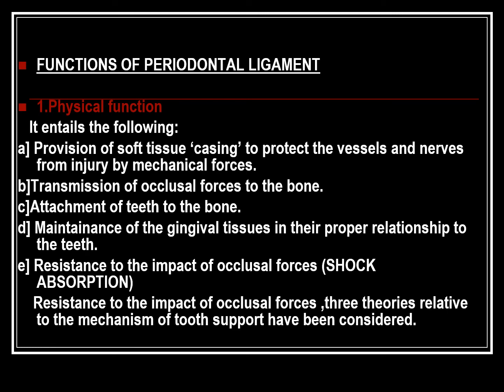The functions of periodontal ligament are the physical function. Physical function entails the provision of soft tissue casing to protect the vessels, nerves from injury by mechanical forces, transmission of occlusal forces to the bone, attachment of teeth to the bone, maintenance of gingival tissue in their proper relationship to the teeth, resistance of impact of occlusal force by shock absorption.